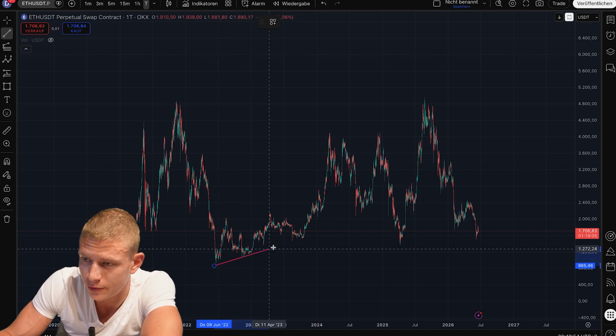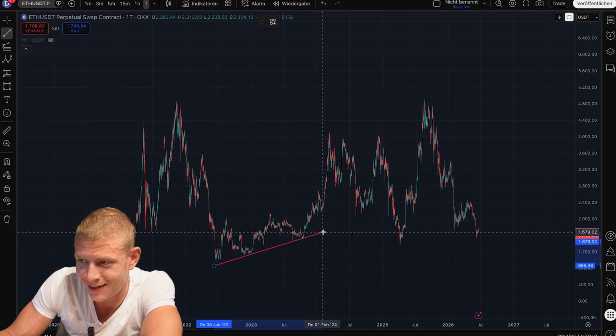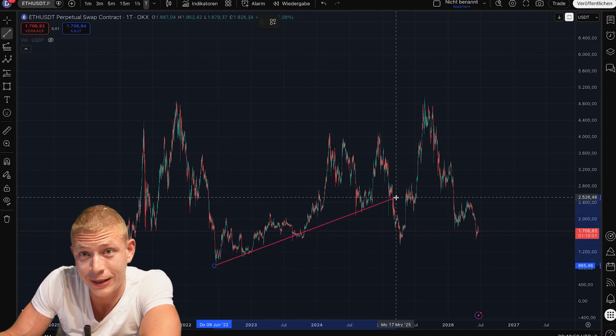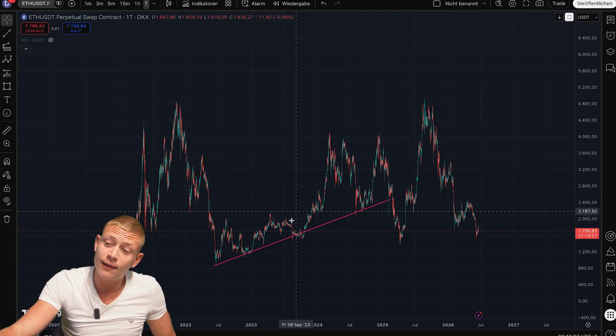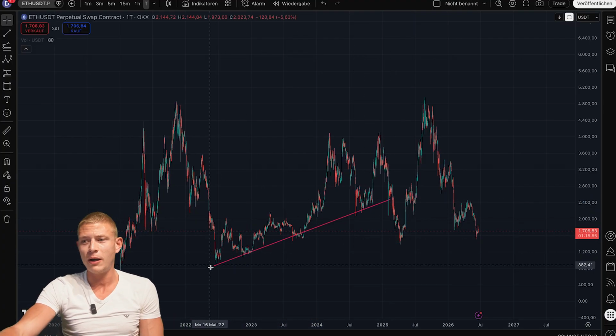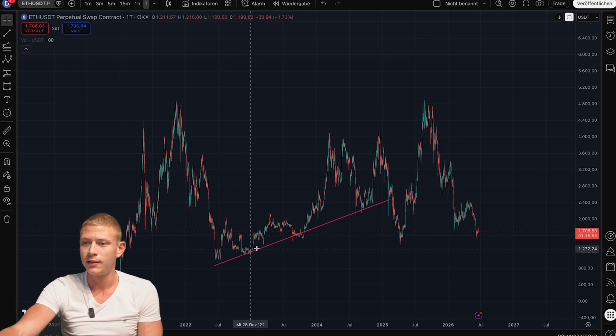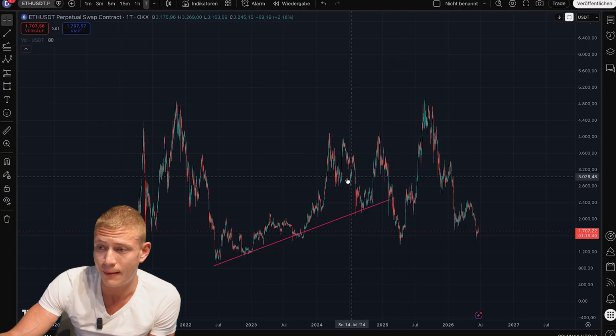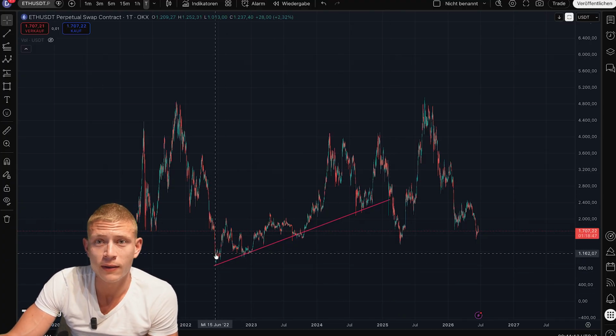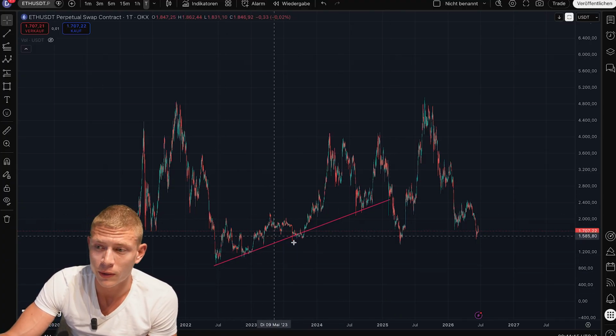Well, for example, here you see something. It gets even more clear. Let's end it here. You see, you could think that somehow this line here supported the price movement somehow to bounce towards the upside, so that's why it's so-called support.